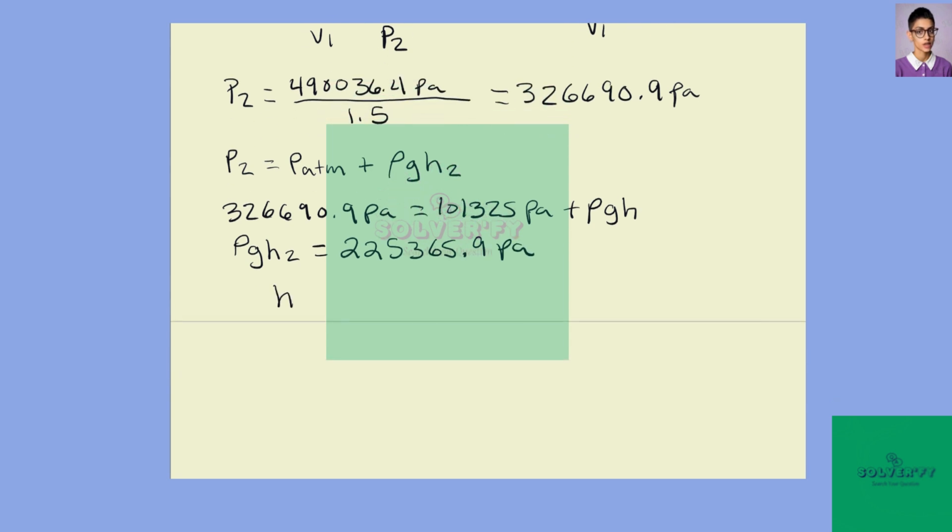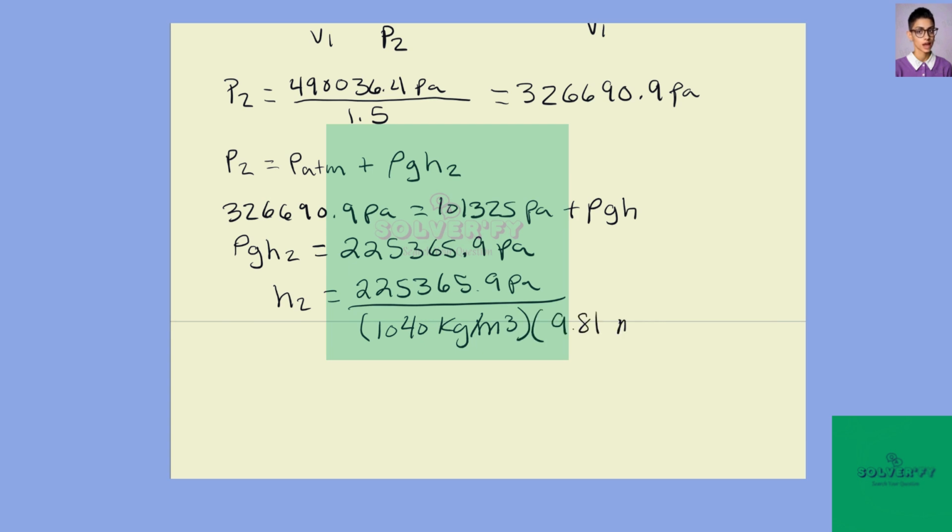So our height 2 is equal to this number, and we're going to divide this by the density of the seawater, and we're going to divide it by gravity. So our height is going to equal 22.1 meters.